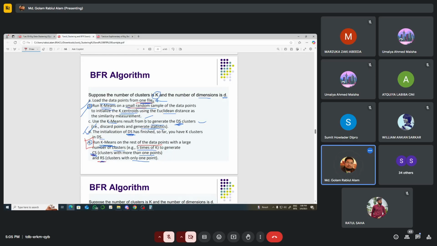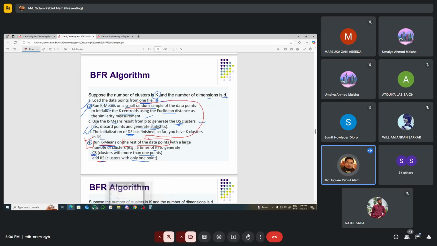Except that small random sample, the rest of the data points are mentioned here. It means in the rest of the data points, we have to apply the k-means algorithm again.